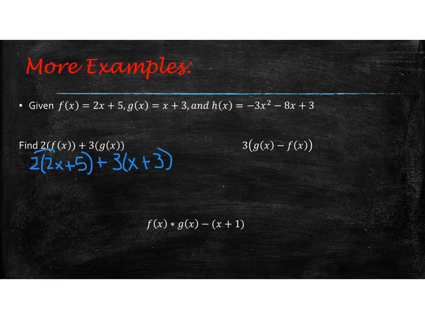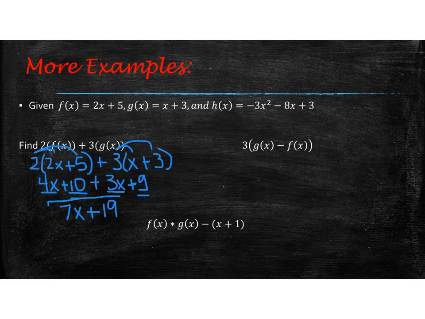So distribute the 2, you get 4x plus 10, plus distribute your 3, 3x plus 9. Combine like terms, 4x and 3x is 7x, 10 and 9 is 19. And that's simplified, so that's your answer.